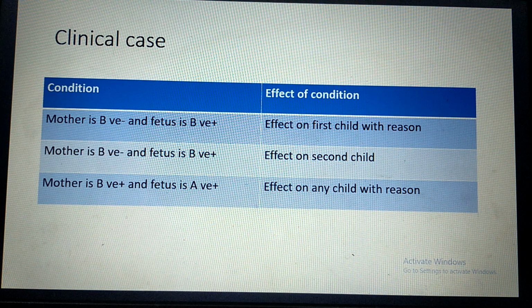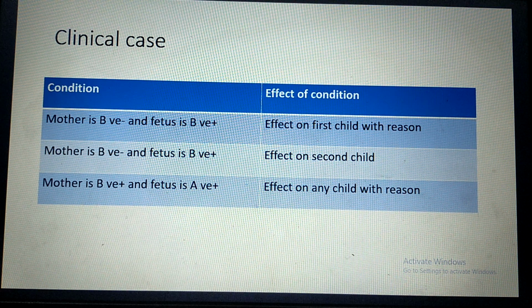Now when this Rh antigen enters the maternal circulation, it is new for her, so the maternal blood synthesizes antibodies against that Rh antigen, and these antibodies will remain in the maternal circulation. When the second baby is again Rh positive, then the antibodies which are already formed against Rh antigen in the maternal circulation enter the fetal circulation and destroy the fetal RBCs, leading to erythroblastosis fetalis.